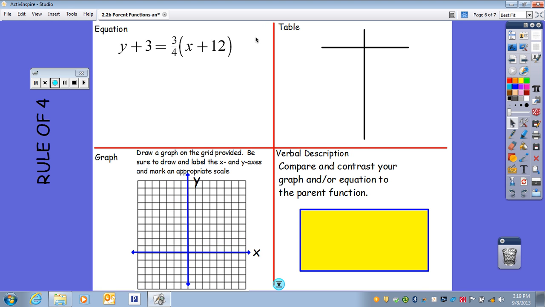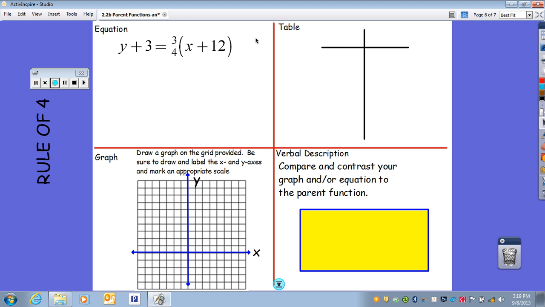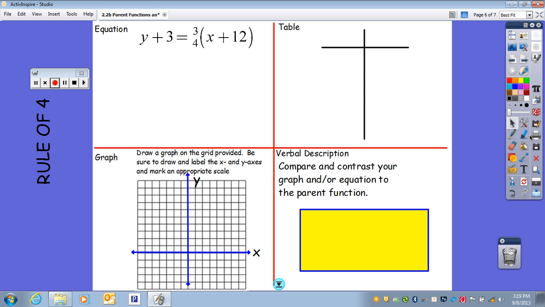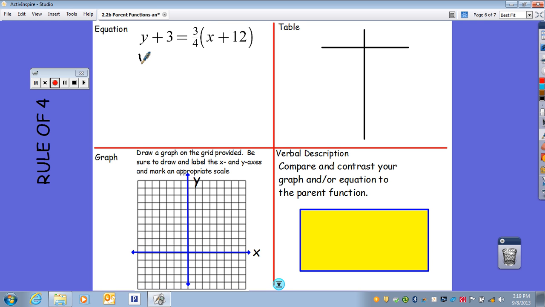Let's do one more example. Again, the first thing that you should notice is that our equation is not in slope-intercept form. So we need to put that into slope-intercept form. The first thing we're going to do is to distribute. So we're going to take 3/4 times x to get 3/4 x.